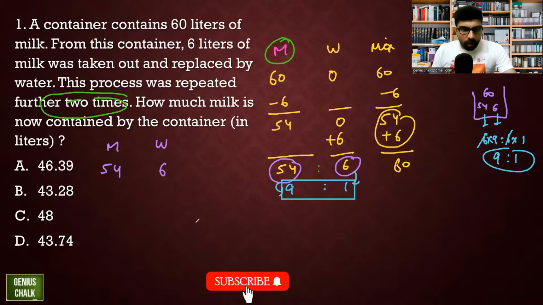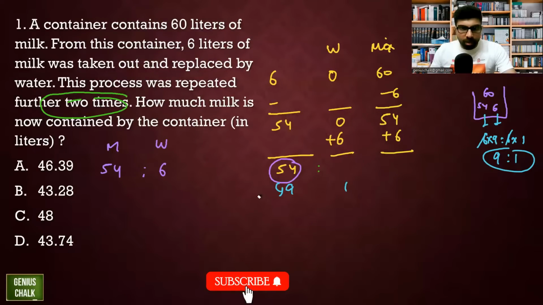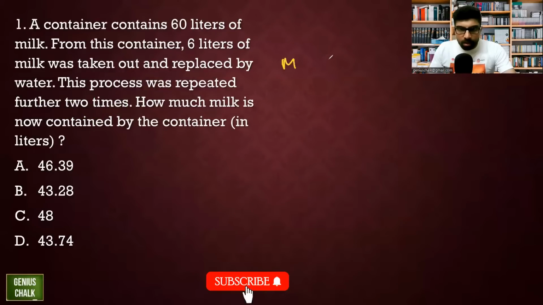Now I can erase all the steps we have done. After the first step, we are here: milk, water, mixture, 54 milk, 6 water, 60 mixture. Now this is already in the ratio 9:1.